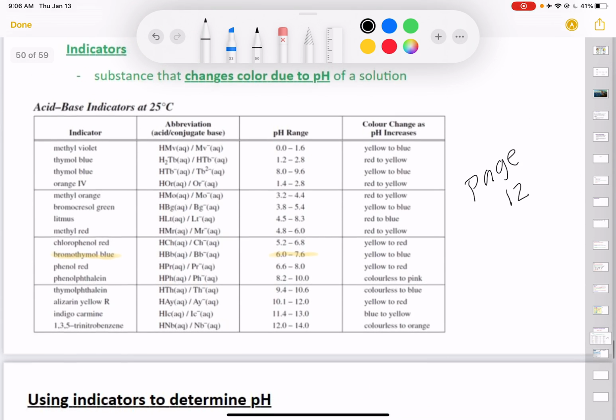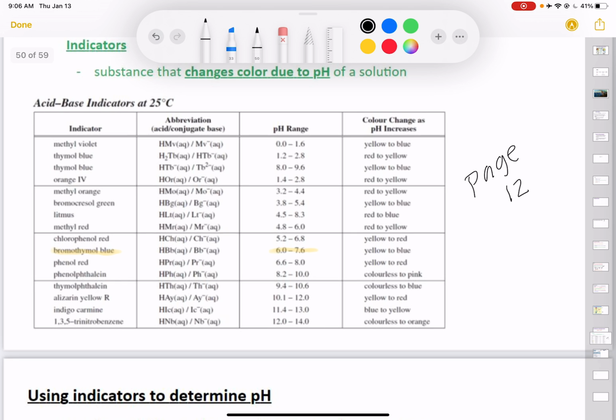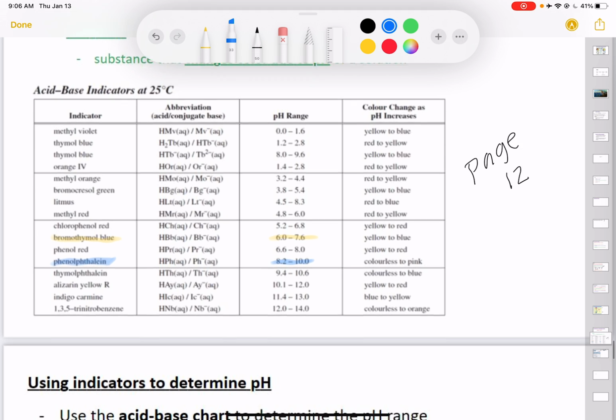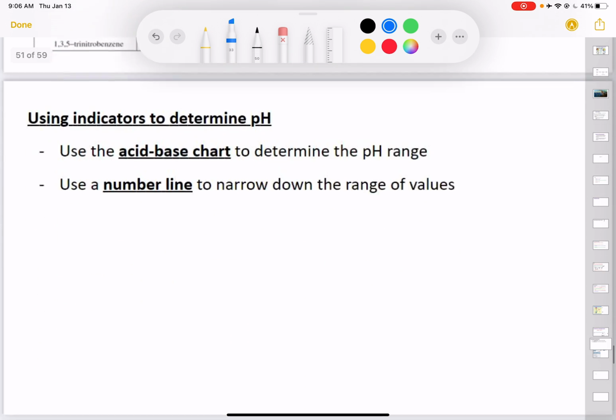Phenolphthalein is right here, and it is between 8.2 and 10. Okay? And that goes from colorless to pink.